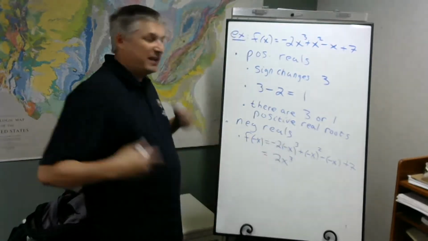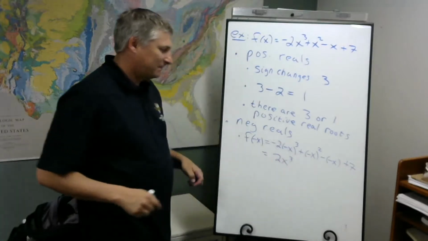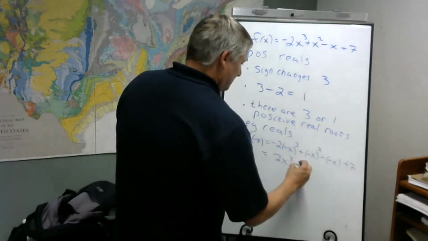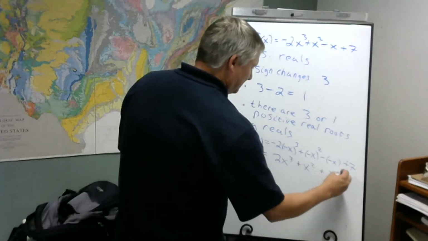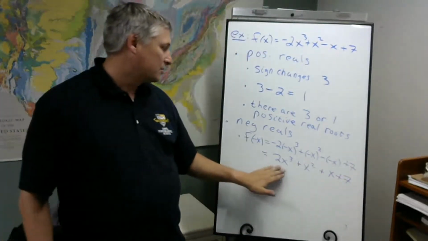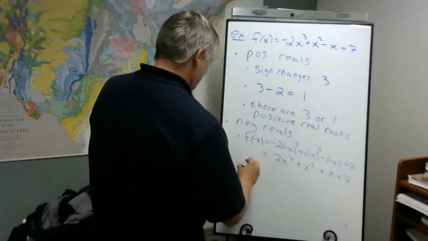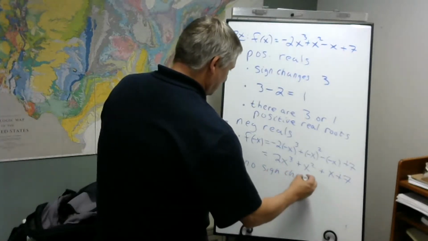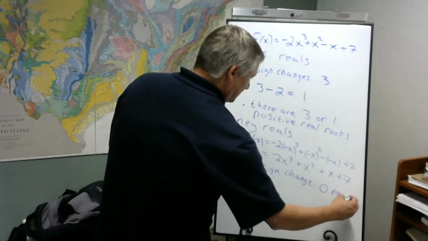Negative x cubed is negative x cubed, and so negative times negative would give you a positive. Plus x squared, negative times negative is a positive, and plus 7. And if we take a look at this, there's no sign change. That means 0 negative reals.